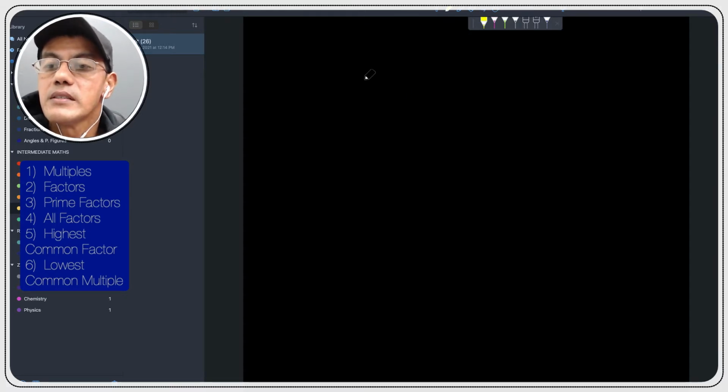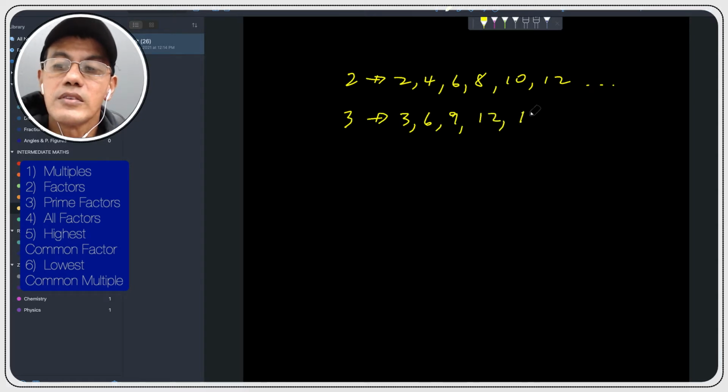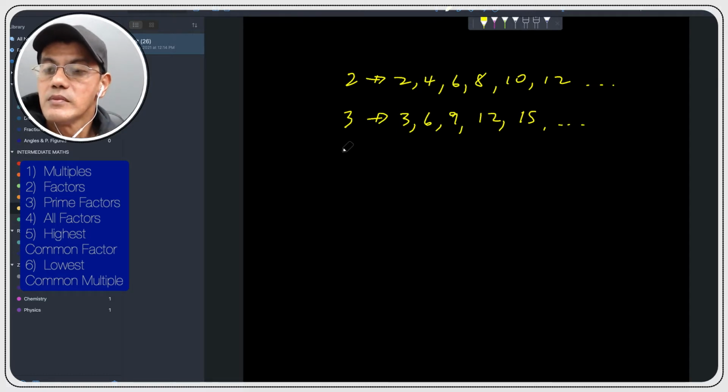That's quite easy. We all know that for multiples, you multiply. So multiples of 2 would be 2, 4, 6, 8, 10, 12, etc. And multiples of 3 would be 3, 6, 9, 12, 15, etc. Okay, let's do one more.